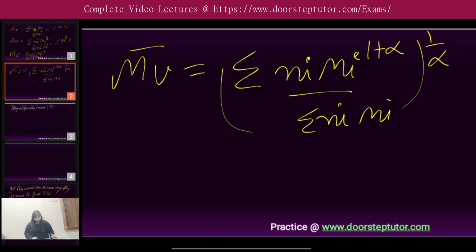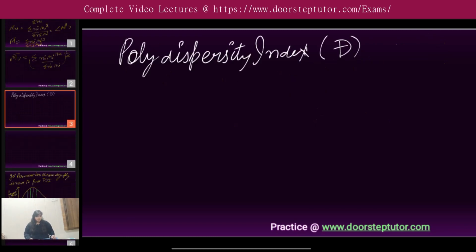Okay. So now we are going to move on to the next topic, that is our polydispersity index. This polydispersity index is defined as the ratio of the weight average molar mass and the number average molar mass. This is denoted with D with a line over it, or it is denoted as PDI, that is polydispersity index.